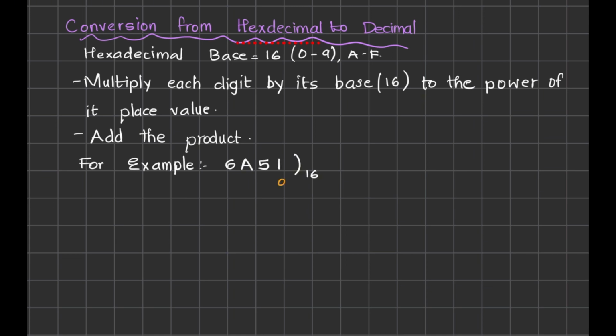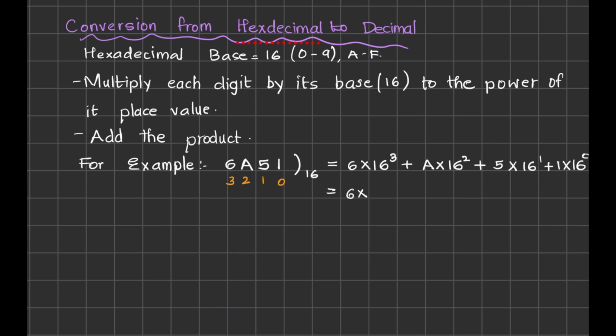Here 1 is in the 0th place, 5 is in the 1st place, A is in the 2nd place, and 6 is in the 3rd place. So the answer is 6 into 16 raised to 3 plus A into 16 raised to 2 plus 5 into 16 raised to 1 plus 1 into 16 raised to 0.